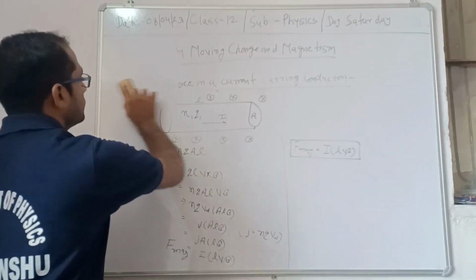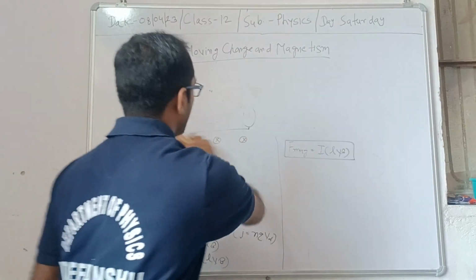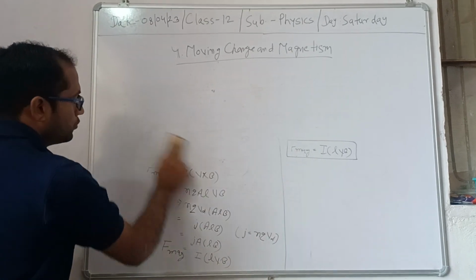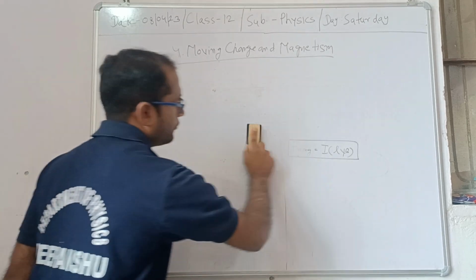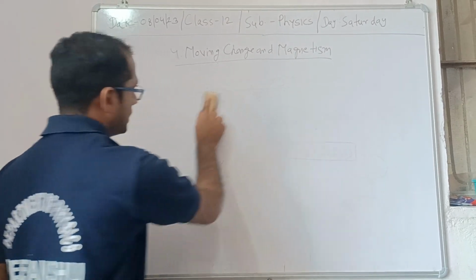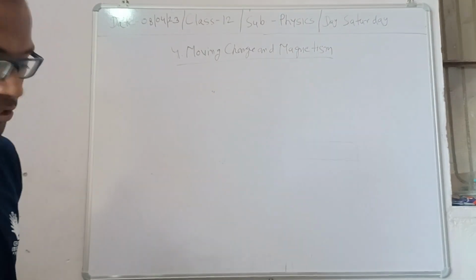Then we discuss motion in a magnetic field. If we are using only a magnetic field, not an electric field, then what is the motion?